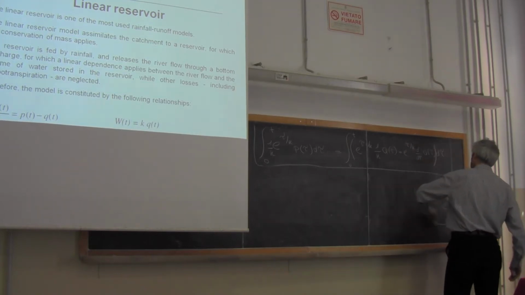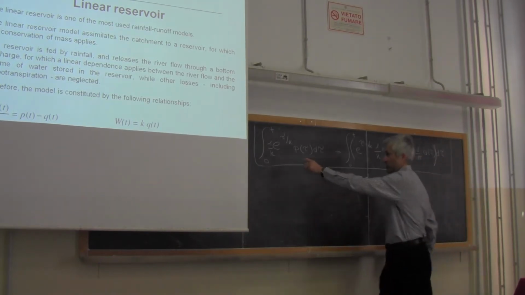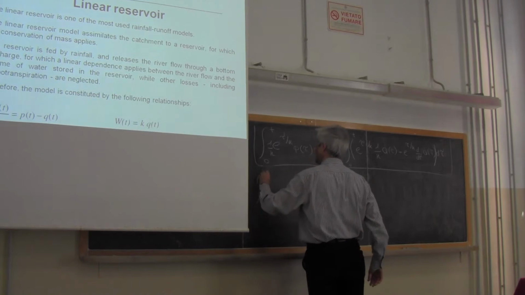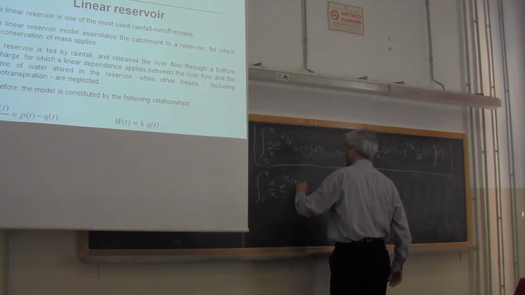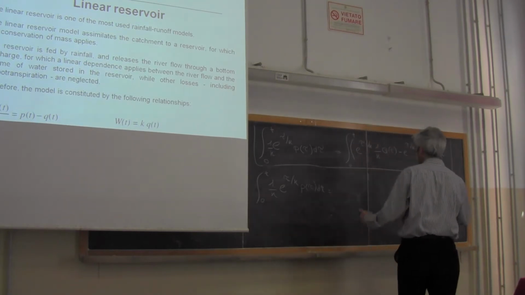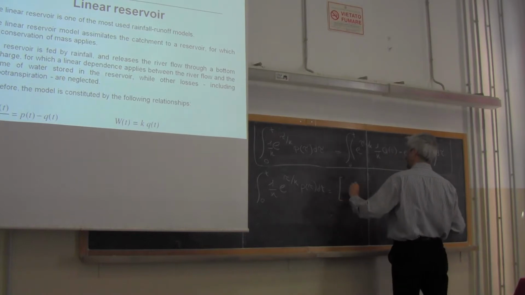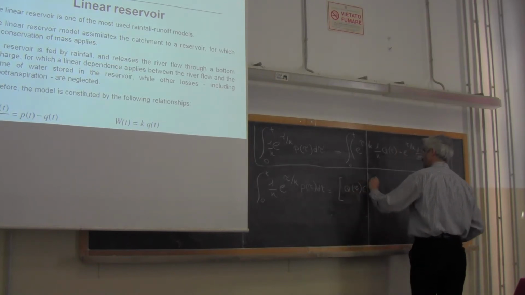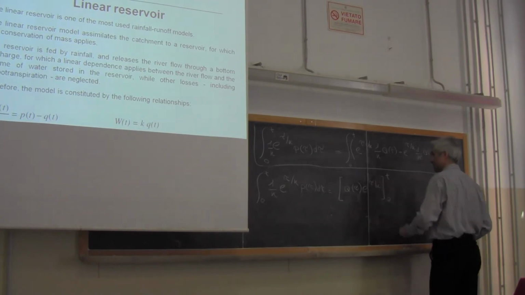So let me rewrite the left-hand side. I just copy it, integral between 0 and t of 1 over k e to the power of tau divided by k, Q tau d tau, which is equivalent to the integral of the derivative. So this is Q tau times e to the power of tau over k computed between t and 0.